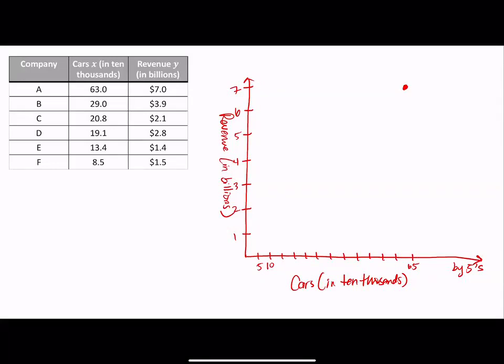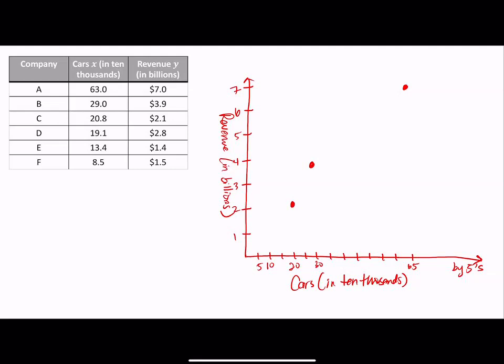Next, we're going to plot 29 and 3.9. So 29, so here's 20 and here's 30. So 29 and then 3.9, somewhere right in here maybe. And then next we have 20.8 and 2.1. So maybe right in here somewhere.